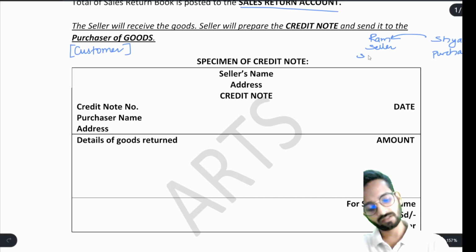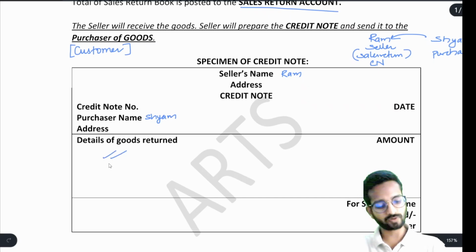Ram has received sales return. So Ram will prepare credit note. Seller's name is Ram, Ram's address, credit note number, purchaser name is Sham, his address, details of the goods returned, amount here, and seller's name who is Ram in this case, and the signature of Ram's manager.